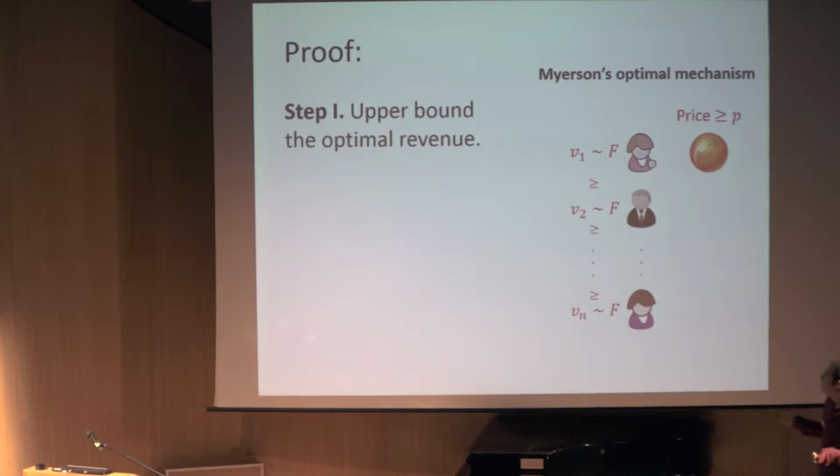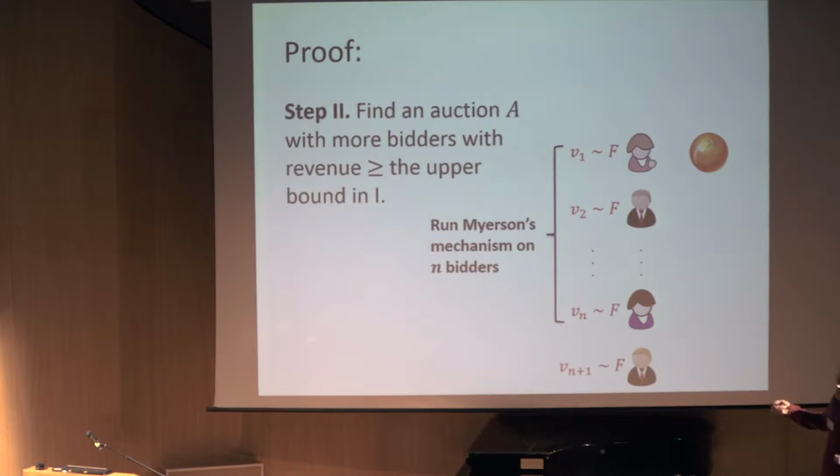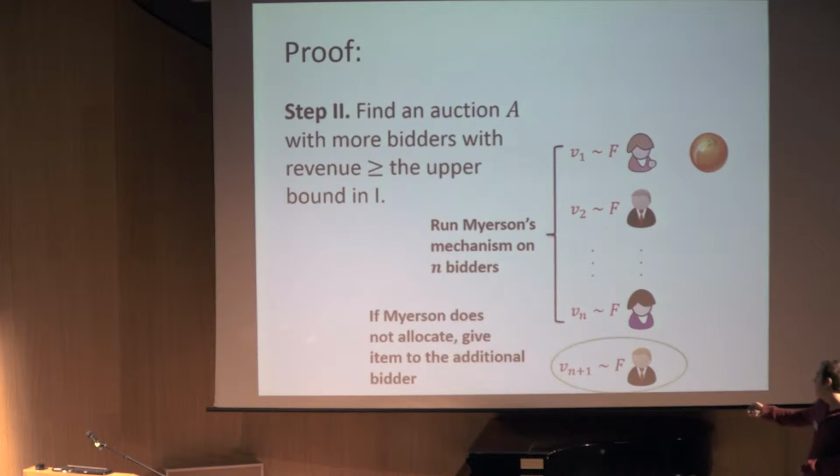And what are the 3 steps? So step 1, we already talked about it. It's Myerson's auction. In order to get the optimal thing, we just run a second price with reserve. Step 2: imagine we have another bidder from the same distribution. Then what can we do? We can just run Myerson's auction on the n bidders, and if we don't sell, we just give the item to the extra bidder for free.